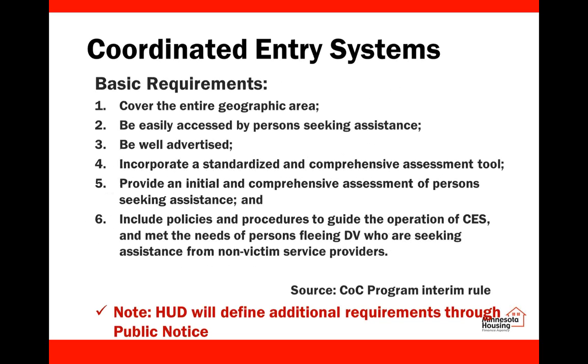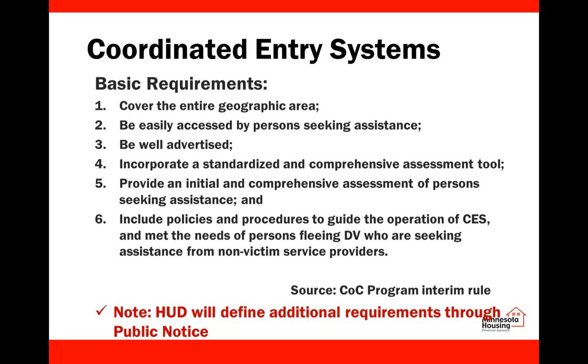Let's talk again about some of the basic requirements of coordinated entry. HUD, in their Continuum of Care Program Interim Rule, explicitly identifies 6 basic requirements. They're listed on the slide here. The first is that coordinated entry systems must cover the entire geographic area of the continuum of care.